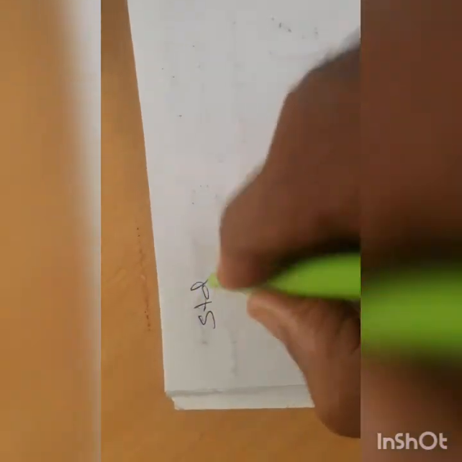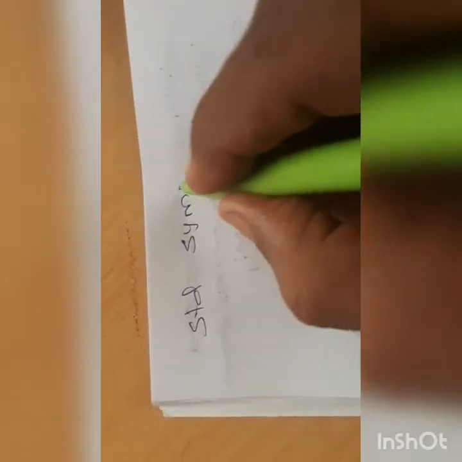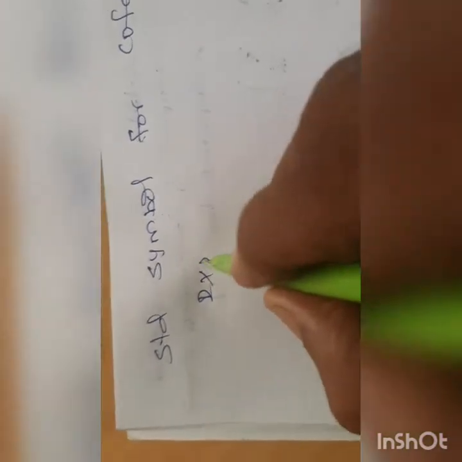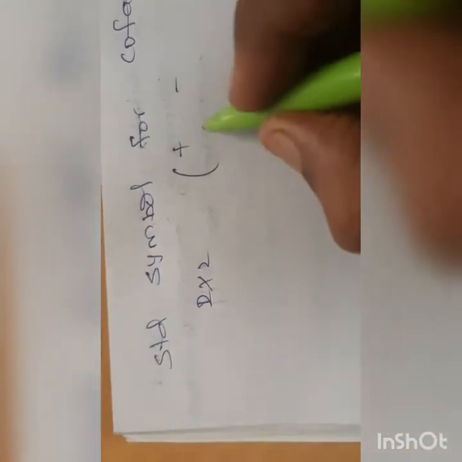So generally, this is the standard sign pattern for finding cofactors. For 2 by 2: plus minus, minus plus.